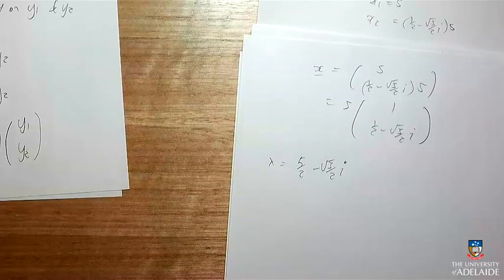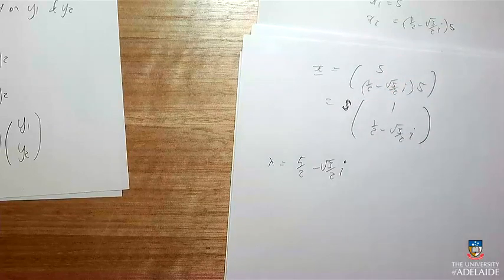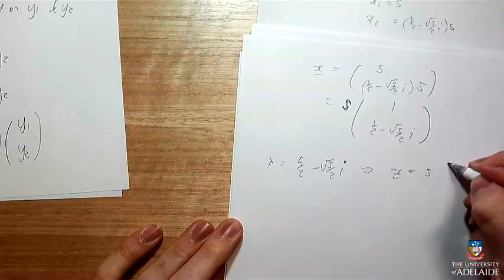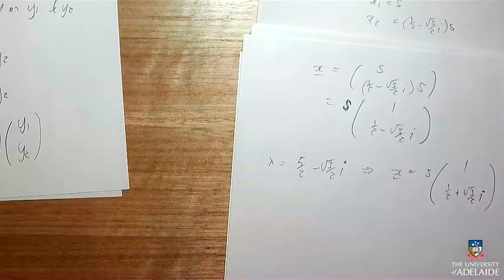If you have a real matrix and it has a non-real eigenvalue, then if you take the conjugate of the eigenvalue, you get the conjugate of the eigenvector as well. So if you do get an imaginary one, you only have to do half the work. Beautiful. All right. Well, what are we going to do with this information?